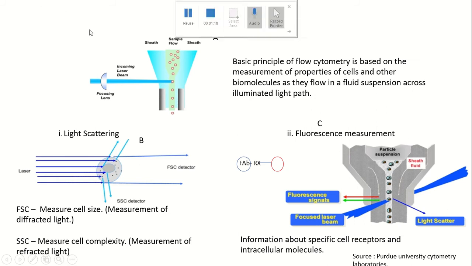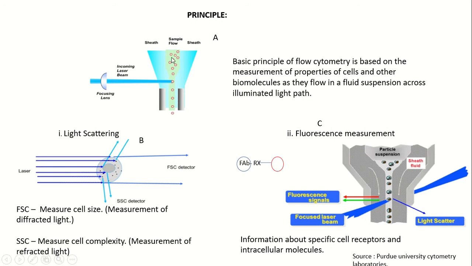In order to know these three aspects, we have to pass a stream of cells, a single flow of cells, through the path of the laser or illumination.